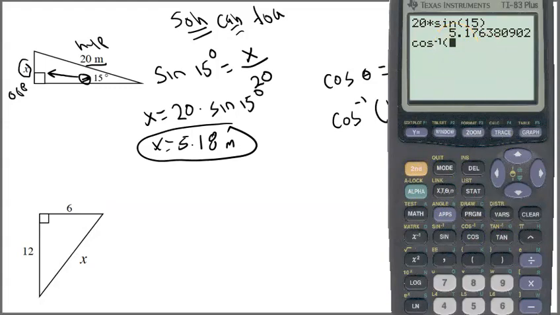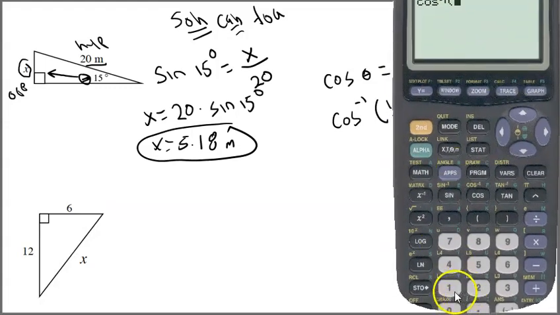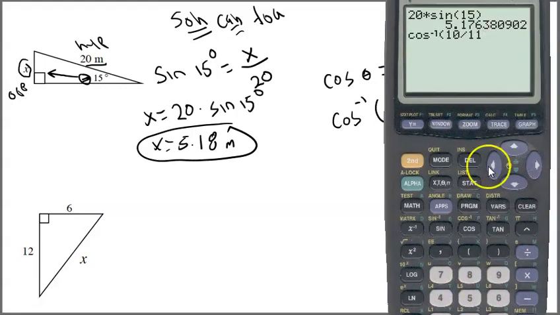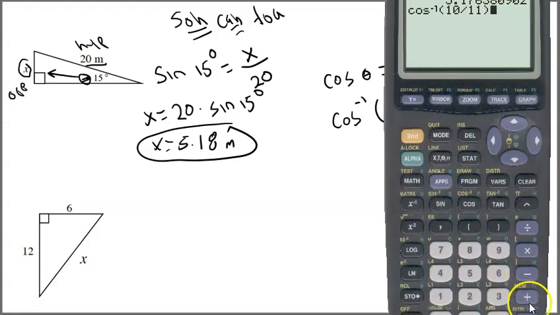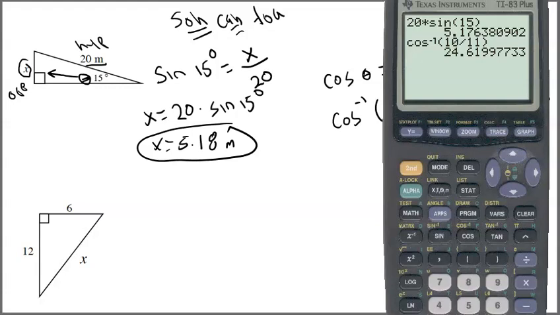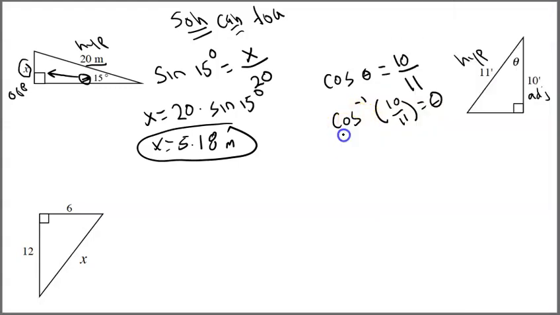And then in there, I'm going to type in the parentheses 10 divided by 11. And I hit enter. And I get 24.619. So we're going to round that. So this is 24.62 degrees. And so theta is approximately 24.62 degrees.